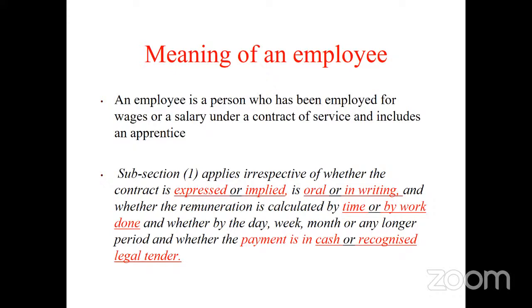The minute hiyo simiti imemwangushia na amecollapse akiwa hapo, he is entitled to compensation. That's the meaning of implied.